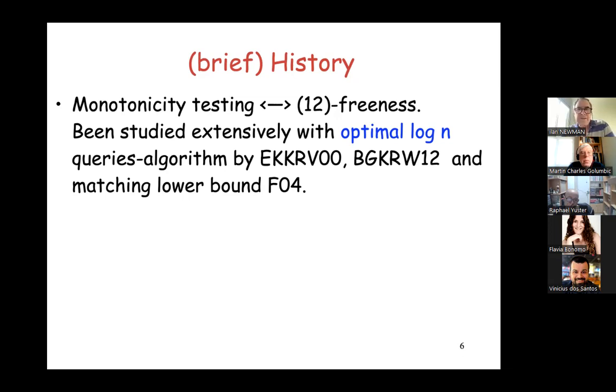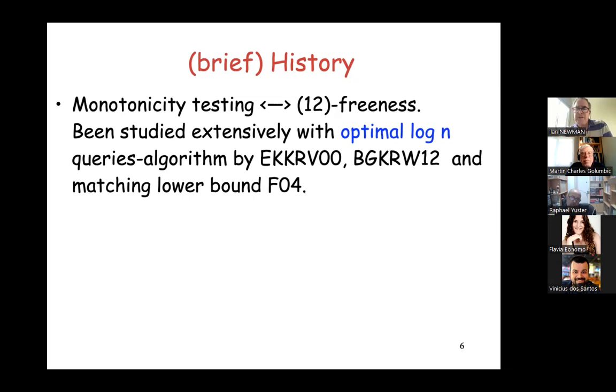And it has been studied really extensively in the last 25 years, starting with EKKRV00, namely from 2000. The paper is actually from, I think, 97. It took a while to appear in the journal.